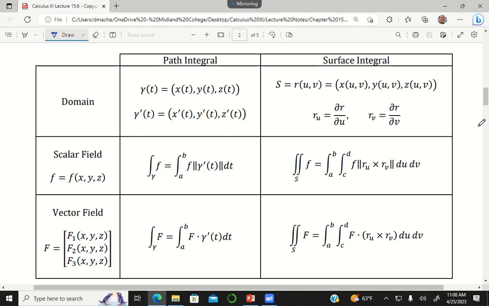So these bounds of integration are going to be the bounds of u and the bounds of v. And inside my integrand, I've got my scalar field, just regular multiplied with the norm of, this time, the cross product between the partial derivatives of your parametric surface, Ru cross Rv.